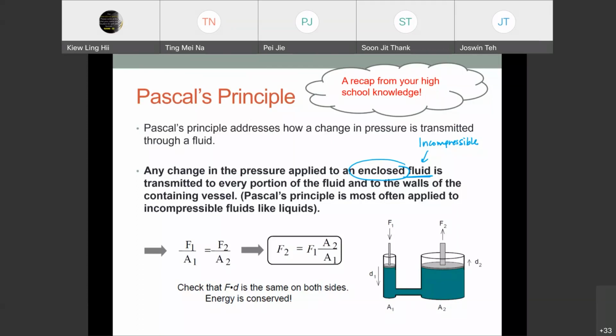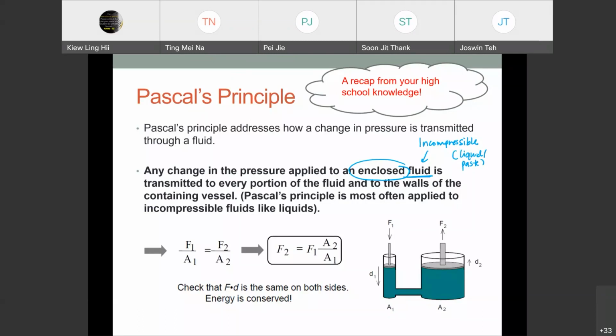You can change the shape, but you cannot press in order to squeeze it. So it is only applicable to incompressible fluid. So in this case, it will be like liquid or paste. Gas, somehow you can compress, right?